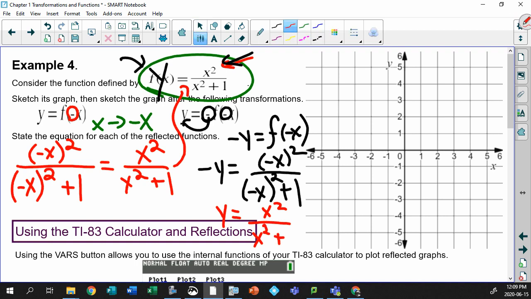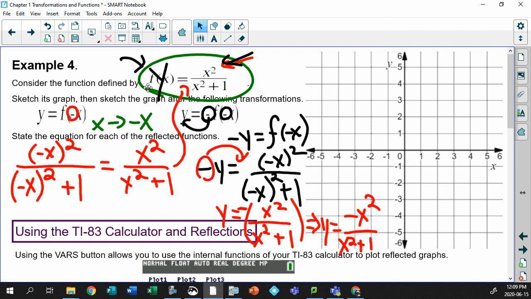X squared plus 1, but don't forget, bringing this negative over changes the sign of everything here. So a simple way of looking at this would be y equals negative x squared over x squared plus 1. We don't change both the numerator and the denominator, because suddenly it's just going to look awful, and a negative over a negative, of course, makes a positive, and it doesn't change anything at all.